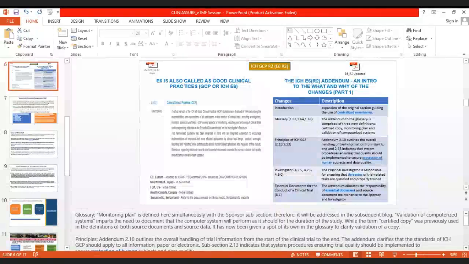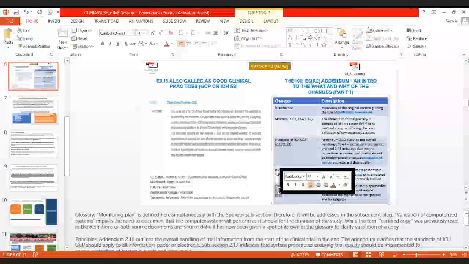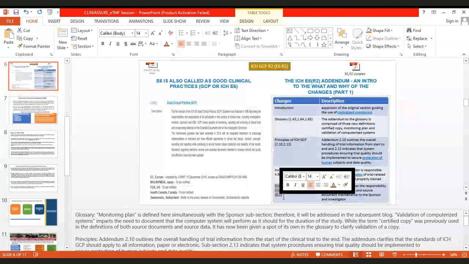Are you able to see this? Is my screen visible to you guys? It's visible. Okay, so slide number 6, this point, you are able to see?